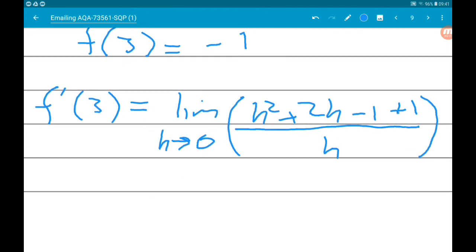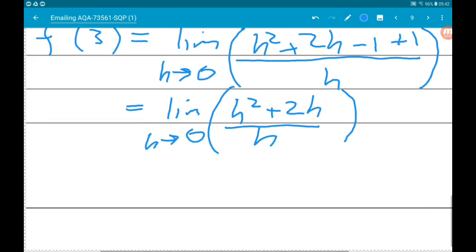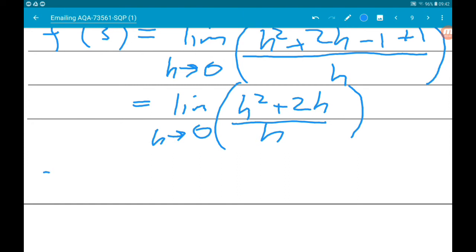So this is the limit as h tends to 0 of, well, the 1's cancel out, so we are left with h squared add 2h over h. Now there's a common factor of h, so this is the limit as h tends to 0 of h plus 2.